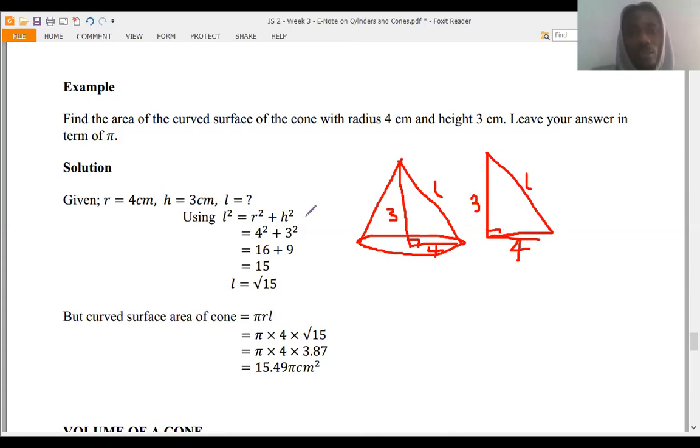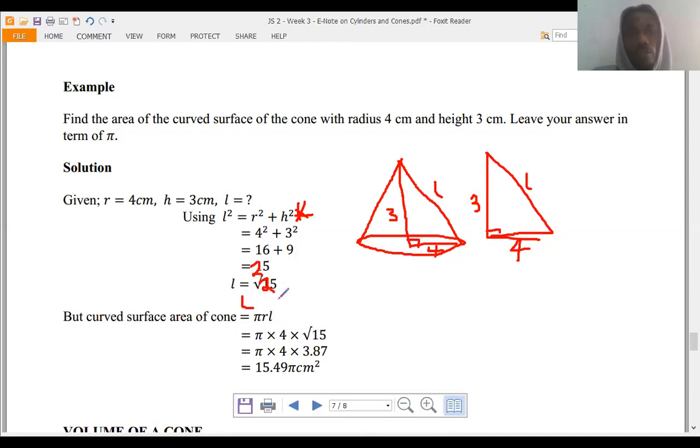To solve for the longest side, which is the unknown side right now, the slant height, we apply Pythagoras theorem. L squared equals R squared plus H squared. That is equal to 4 squared plus 3 squared, which is equal to 16 plus 9, and that is equal to 25. When you take the square root of 25, that will be equal to 5 centimeters. It means the slant height is 5 centimeters. Please bear with me, that was a typographic error.